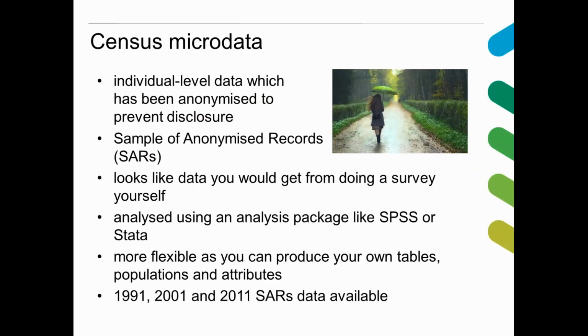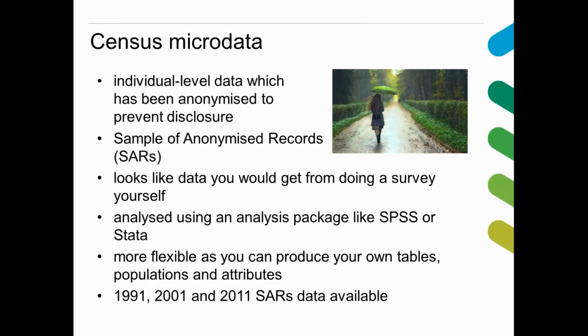Now the final type of census data is microdata. Now these look very much like the UK surveys and longitudinal surveys that we looked at earlier, but the data in this case has come from the census. And they're individual level data, which again have been anonymised to prevent disclosure. And they're released in data sets which are known as sample of anonymised records, or SARS for short.